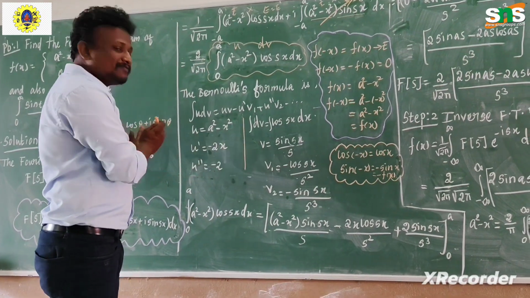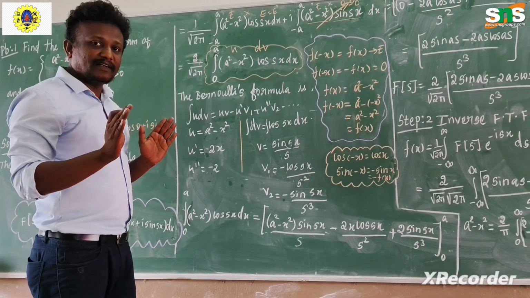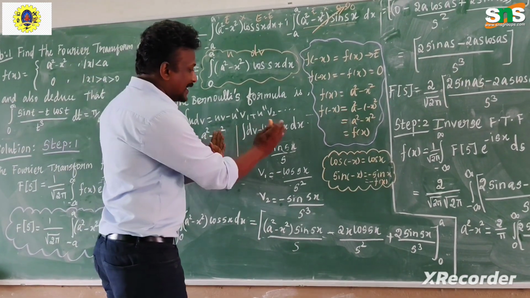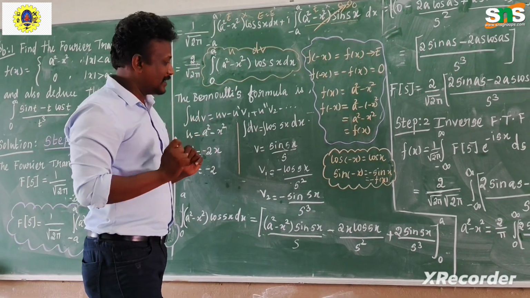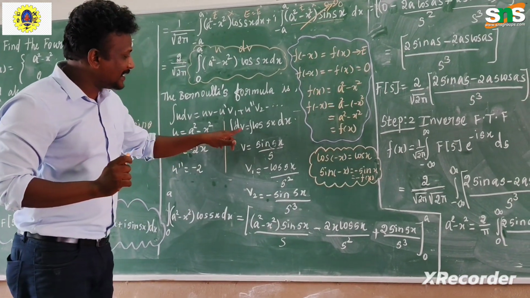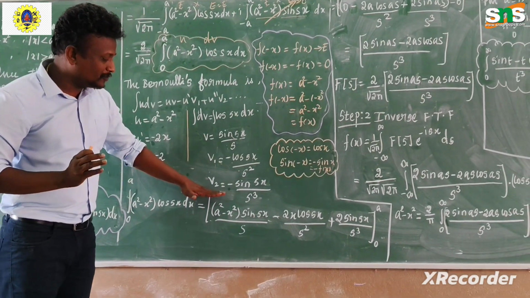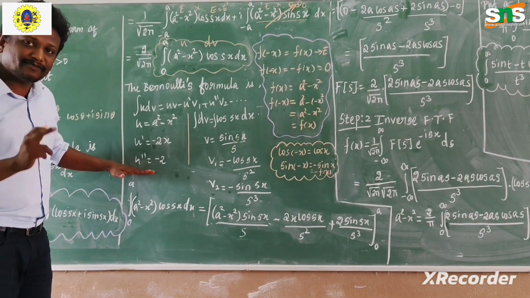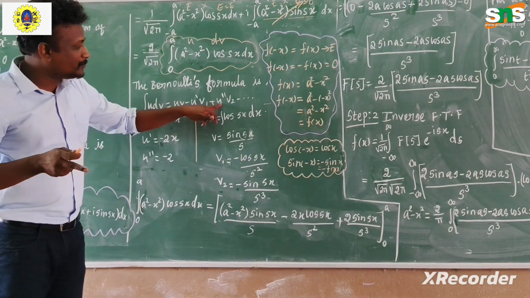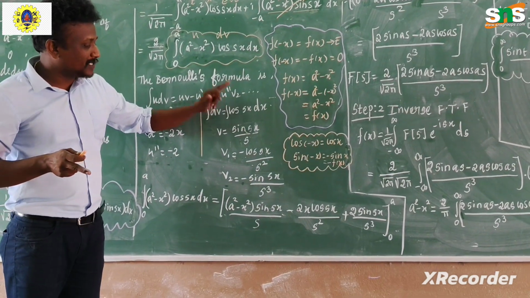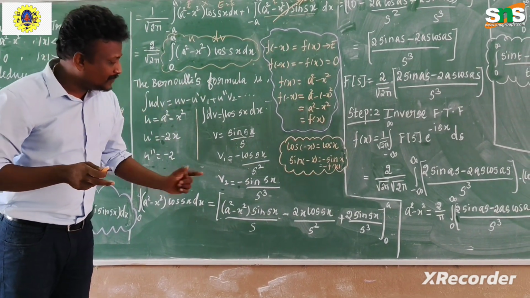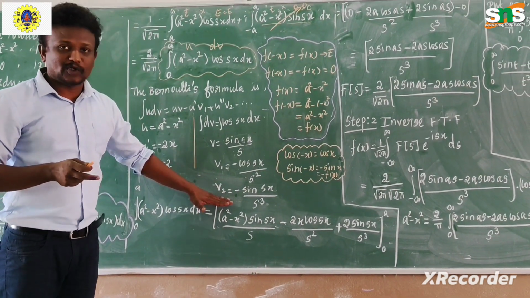On this left side, you have to differentiate. At the same time, on this right side, you have to integrate, right? So when you integrate dv, your answer is v. We need to get till v2 because our successive derivative on this side is u double dash. So the pair of your u double dash is v2. That is why we have to figure out till v2 in this process.